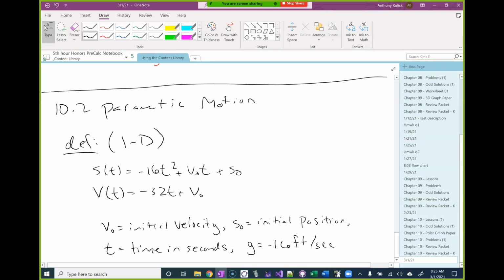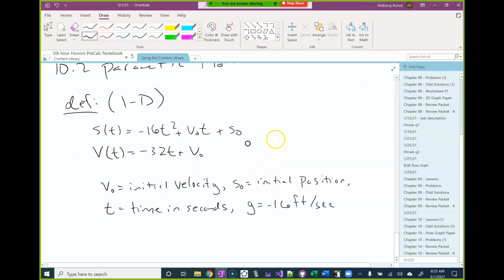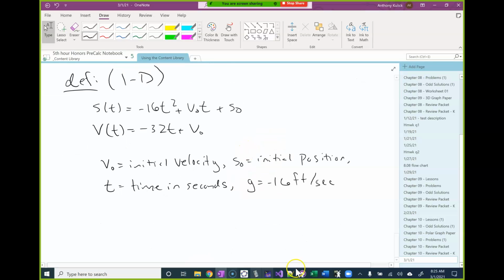And just FYI, the units here are in feet. So the gravity that I'm using here, I'm describing in feet as well. So this is like English units. For those of you that are in physics that are used to using meters and whatnot, we're not doing that right now.